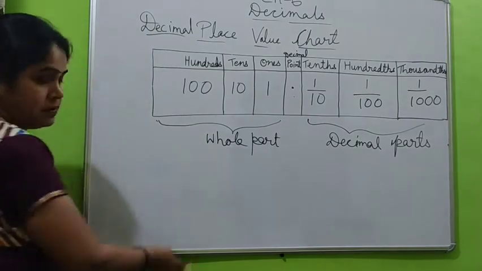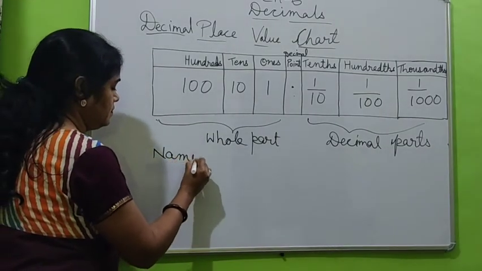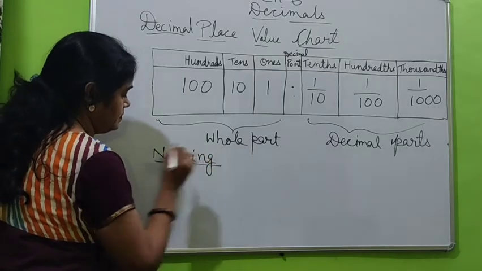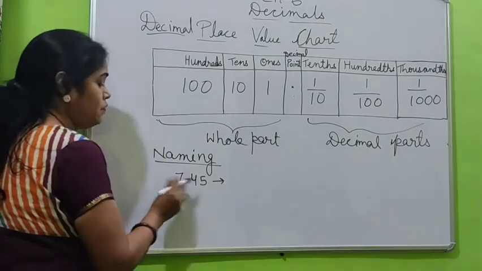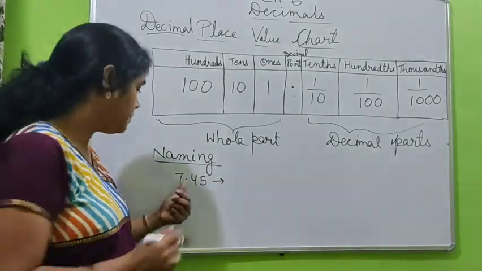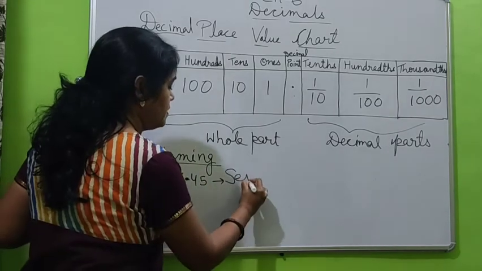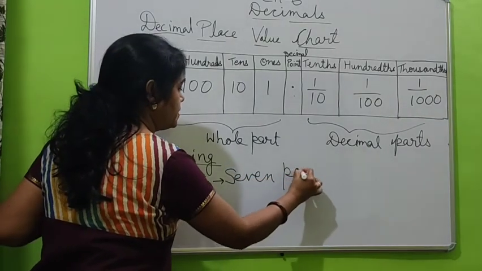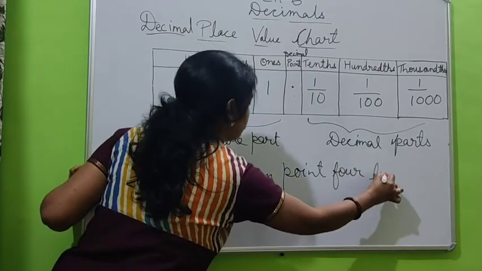Now, naming. First is 7.45, which I have written. We will read it as seven point four five.